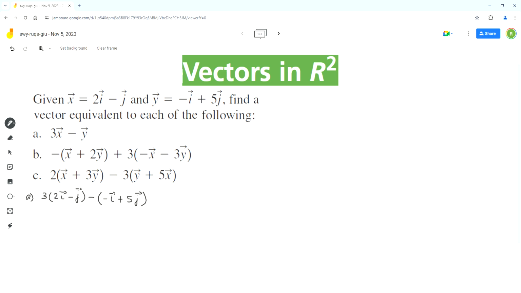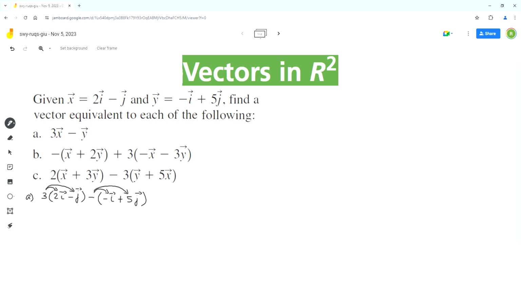Now we can simplify this expression. So in the first part, we can distribute the 3 into the vector, and in the second part we'll distribute the negative sign into the vector. So we'll multiply both components by negative 1.